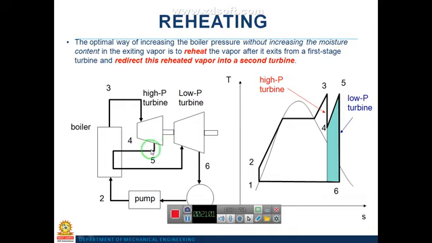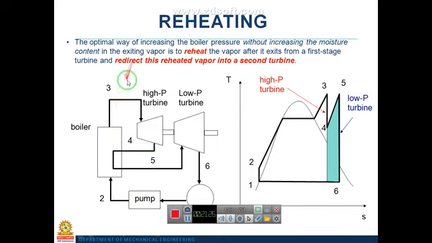We reheat by extracting the steam from the turbine and sending it to the boiler. In the boiler the extracted steam is heated, and again it is sent to the turbine for expansion. We will see the reheat cycle in detail.